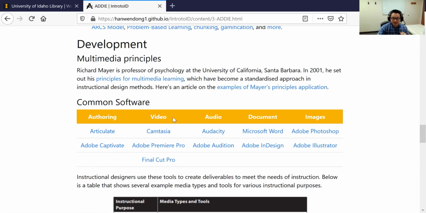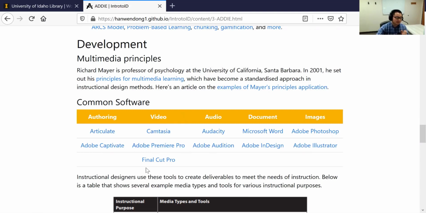For video creation, there's Camtasia, which is really great for recording your screen. You can choose to add narrations, and it's a fantastic tool if you want to create how-to tutorials. And I will be facilitating a library workshop on Camtasia in the fall. So stay tuned for that.